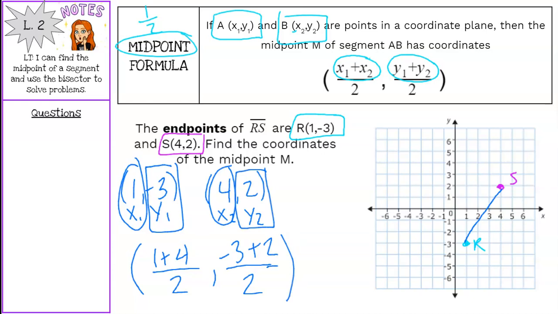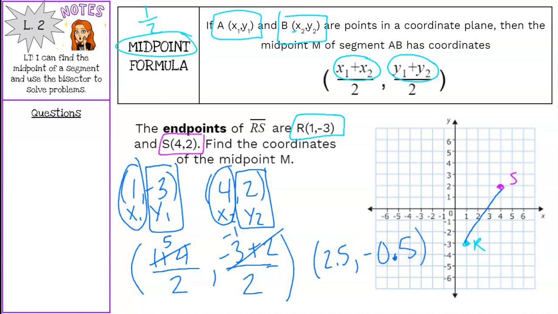So then we just do the operations. We have 1 plus 4, which is 5. And then 5 divided by 2, we will get a decimal for that, and that is 2.5. And then we have -3 plus 2, which is -1. -1 divided by 2 is -0.5.